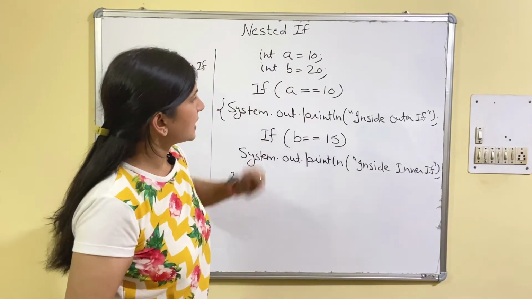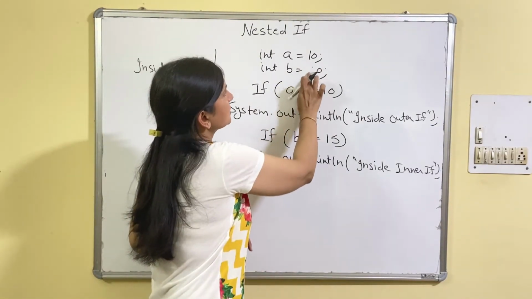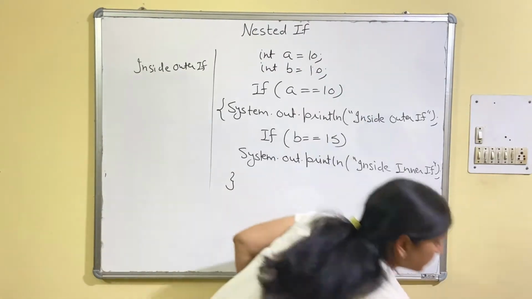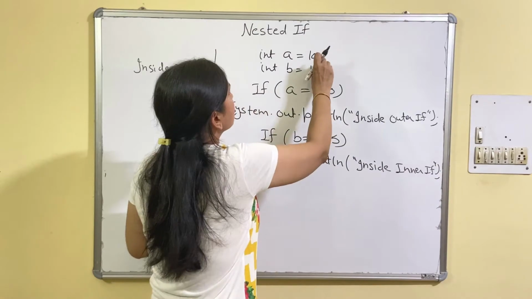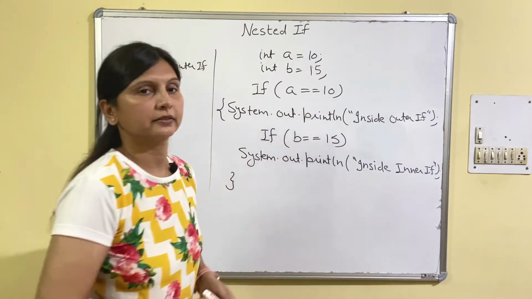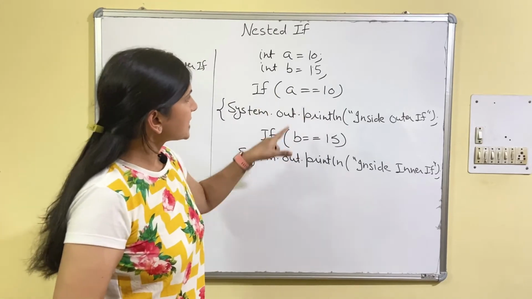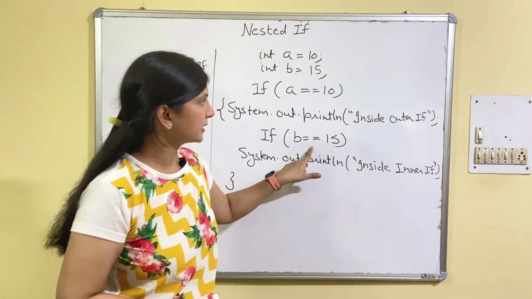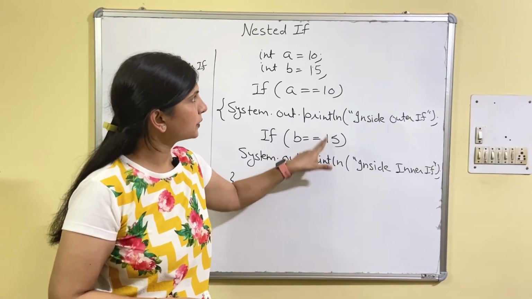Suppose I change the value of b to 15. Now in this case, first this is true, so it will display inside outer if, then it will check if b equals 15.